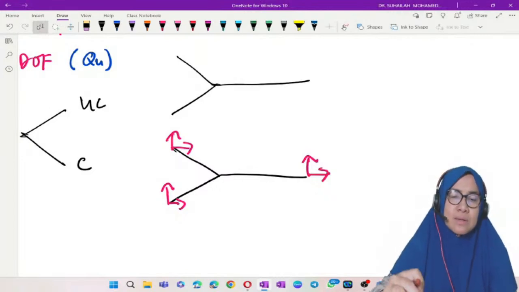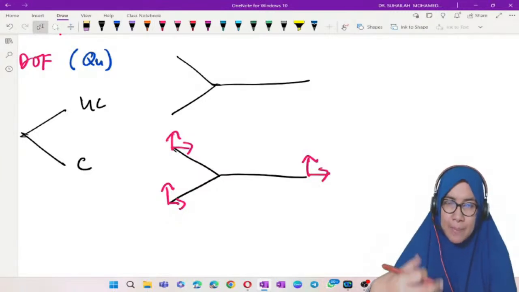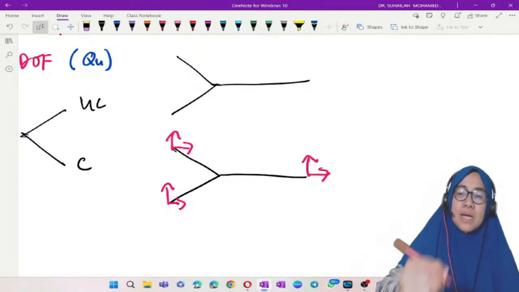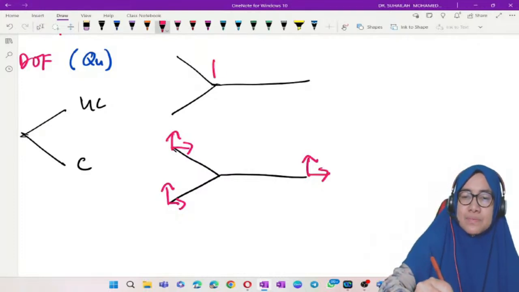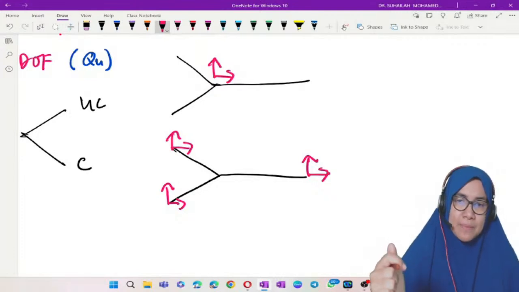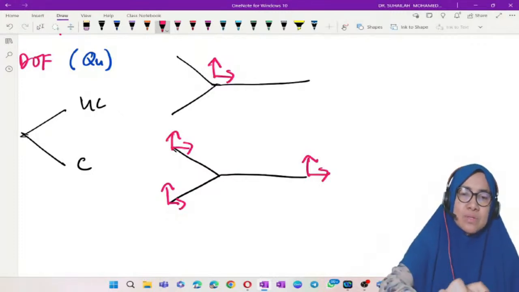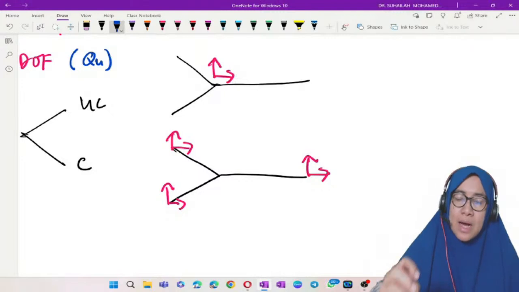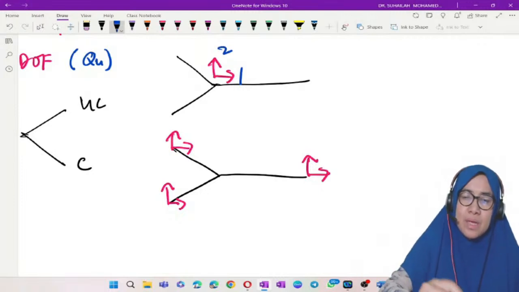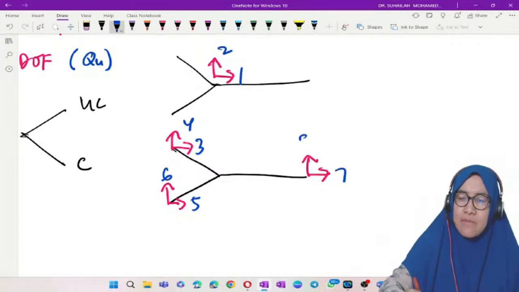Since from this we can see that six have been labeled, we should fulfill the other two in the unconstrained system. So now we have eight. To label, we have to start with the unconstrained system: 1, 2, then we continue 3, 4, 5, 6, 7, 8.